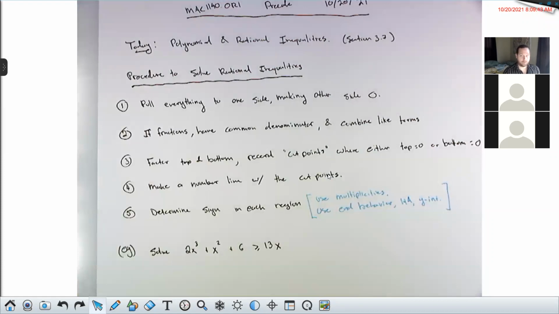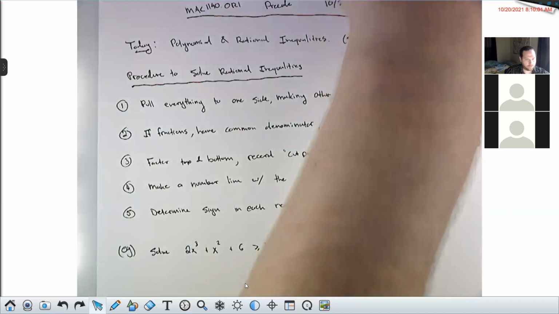The left and right-hand sides are both polynomials. Remember, polynomials are included in the set of all rational functions. So really the procedure for rational and polynomial inequalities is the same, except that with a polynomial inequality you don't need a common denominator because there are no denominators. So the very first thing I should do is pull everything to one side.